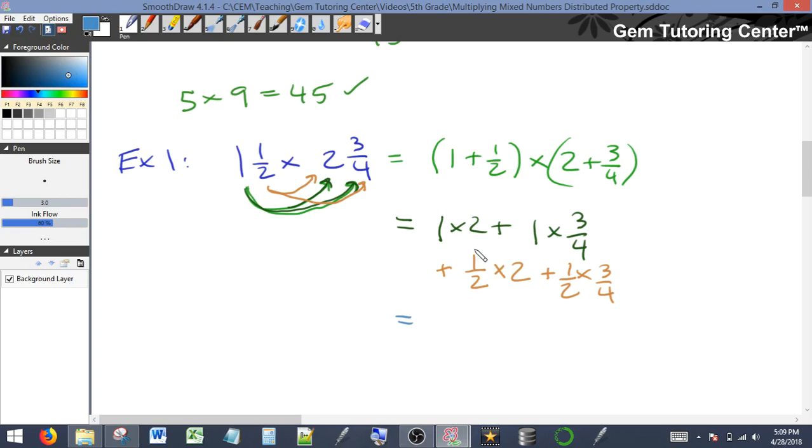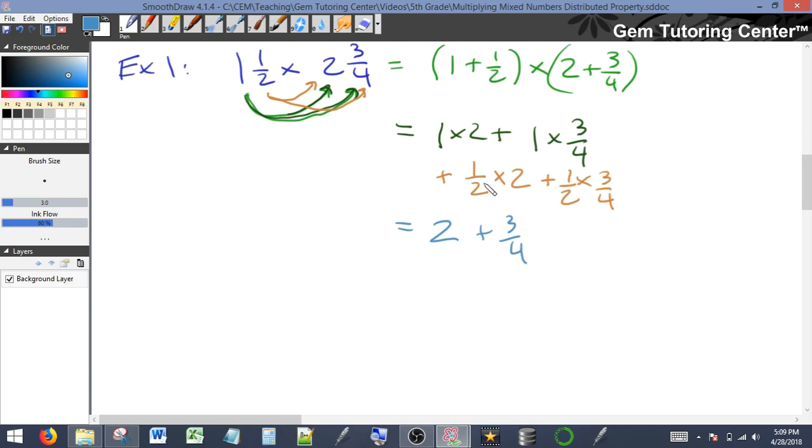Okay, so let's simplify this like this. So 1 times 2 is 2. 1 times 3/4 is 3/4. 1 half times 2 is 1. And half times 3/4 is 3/8. So let's simplify this further. 3, because 2 plus 1 is 3. And then I need to make this common denominator 8. So this is going to be 6/8.